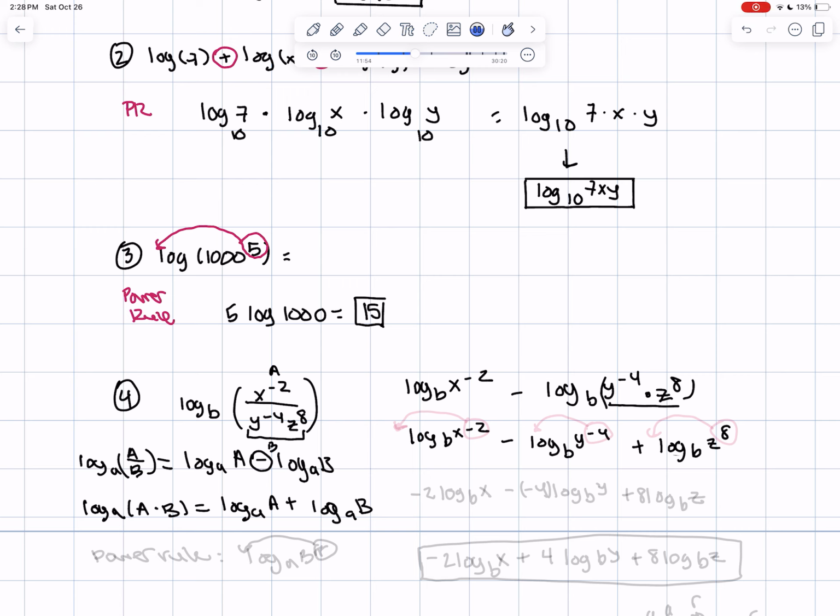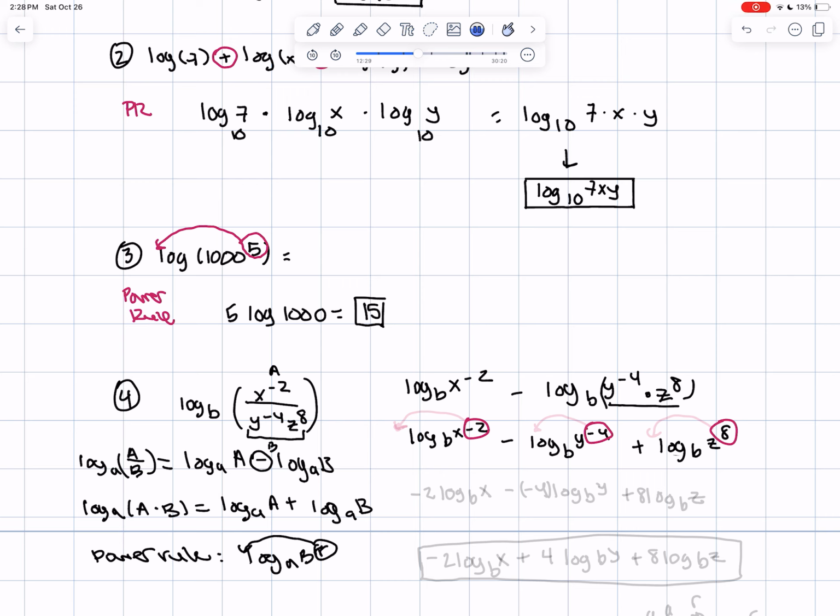But are we done? No, we're not done, because we have exponents. If we have exponents, which are these guys, they cannot be left that way. So we're going to use something called the power rule. The third rule we're using is the power rule. So this one's going to want to come to the front.